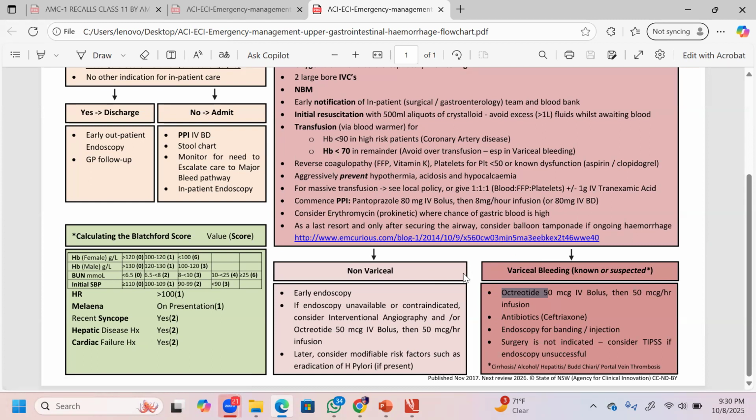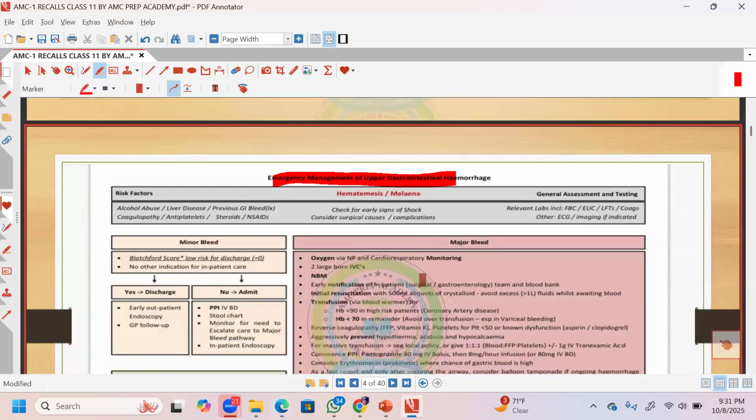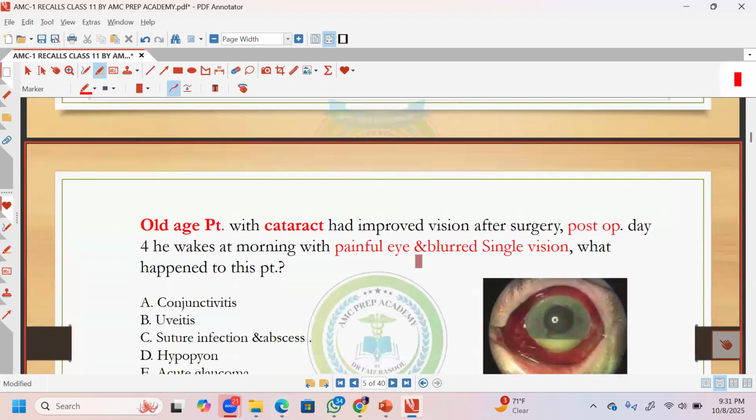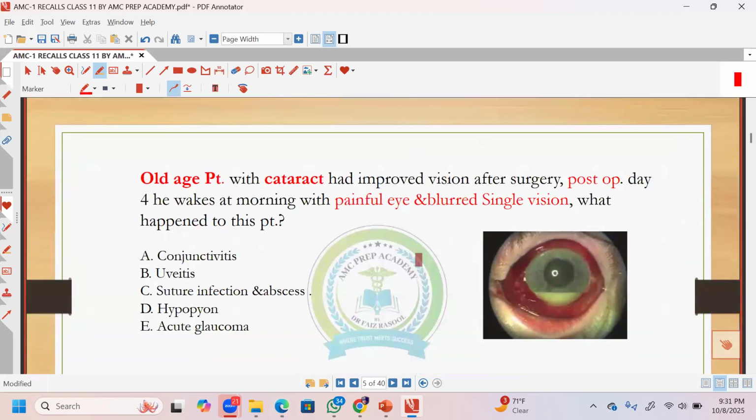You will go with endoscopy, and according to the history, you have to differentiate. Firstly, you have to stabilize the patient, then go with endoscopy, and accordingly you have to manage. Okay, move to the next.